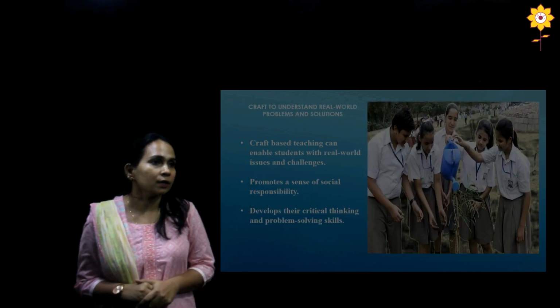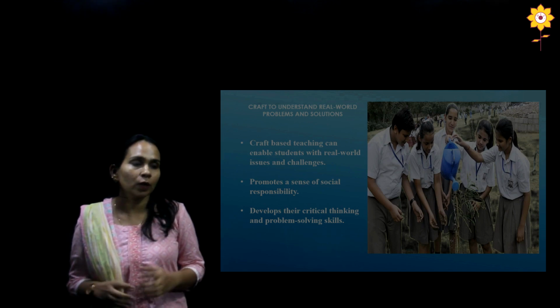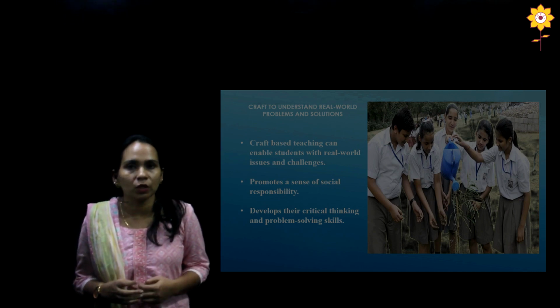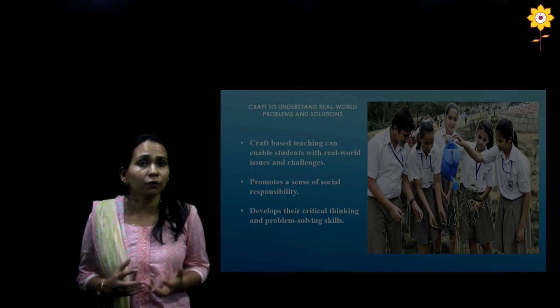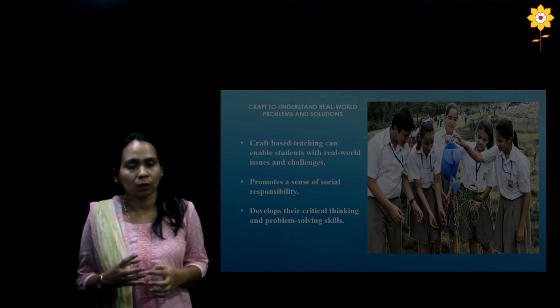Now, craft to understand real-world problems and solutions. This is a good way of inclusiveness, wherein when the students are given real-world situations and challenges, they are able to think about doing a particular craft in a better manner. Suppose in a classroom, sustainable design is being done.